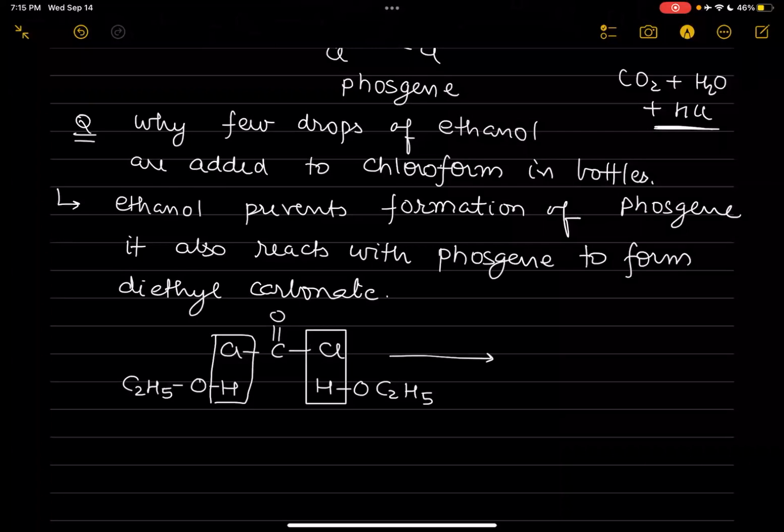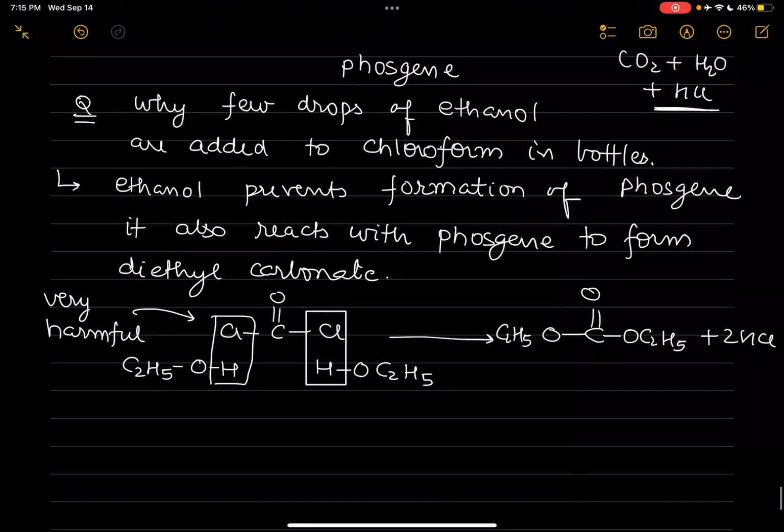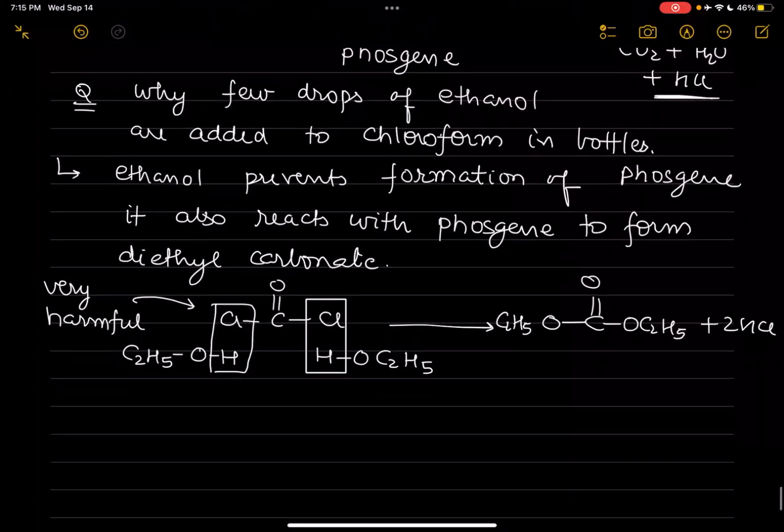HCl is removed and diethyl carbonate is formed, which is not harmful. So phosgene was very harmful, and diethyl carbonate formed is not very harmful. Is it clear? I hope this is clear to you.